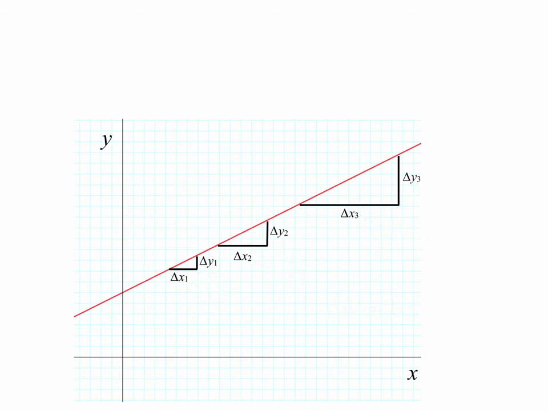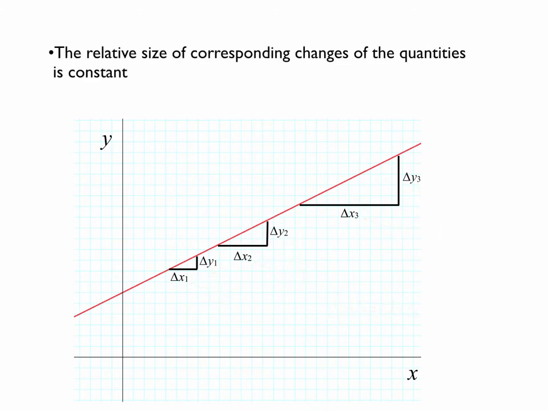And then another way that we've been expressing this is to say that the relative size of corresponding changes of the quantities is constant. So what does it mean to say the relative size of corresponding changes? What kind of thing am I talking about? A quotient, right? So when we talk about relative size of changes in y and changes in x, we're talking about quotients.